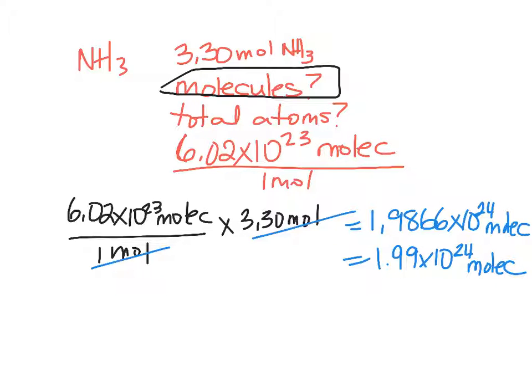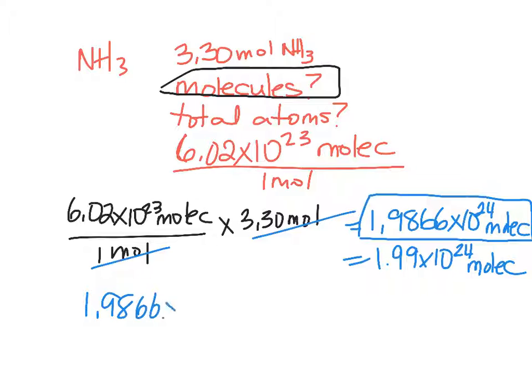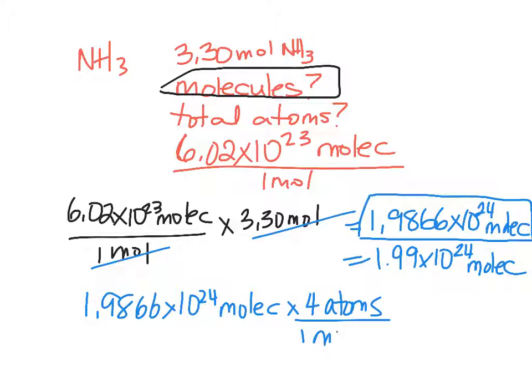So you would take your unrounded number and multiply it by 4 atoms for every one molecule. Molecules cancel. My unit left is atoms. So take that number, multiply it by 4.